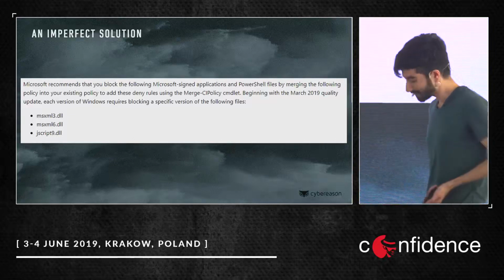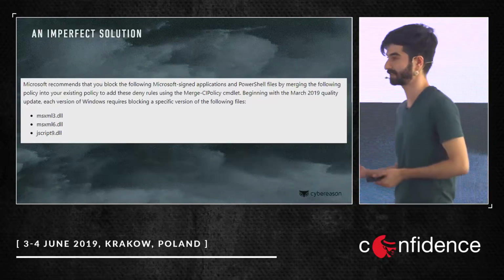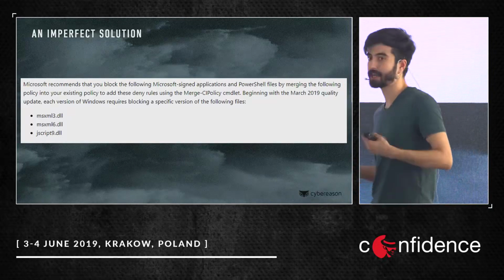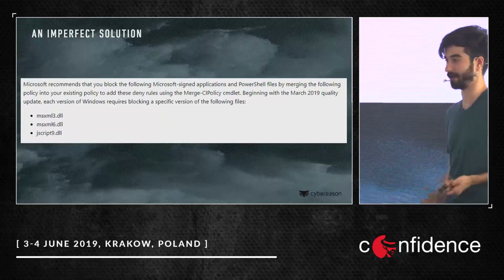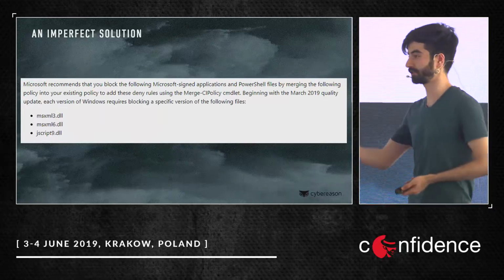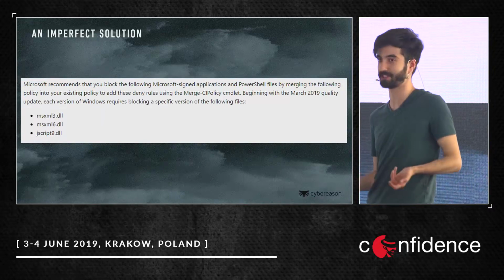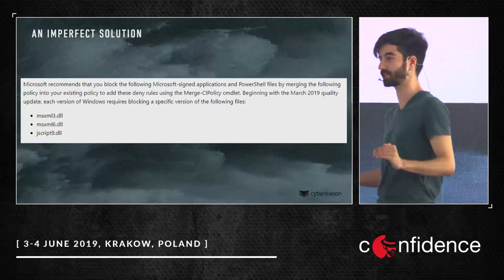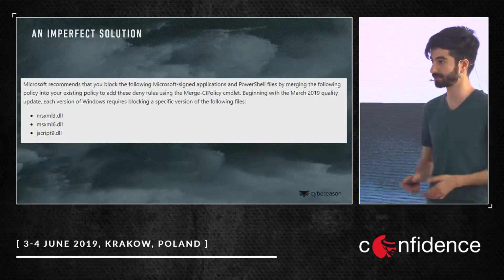Now, the way that Microsoft tried to mitigate this issue is by adding MSXML 3 and 6 and JScript 9 up to a certain version to a Microsoft recommended block list for device guard, which is basically like tons of versions of PowerShell and lots of different device guard bypassing executables.